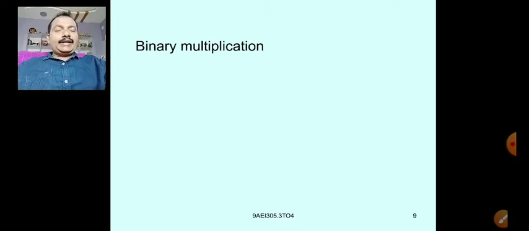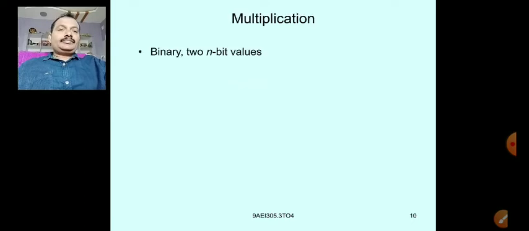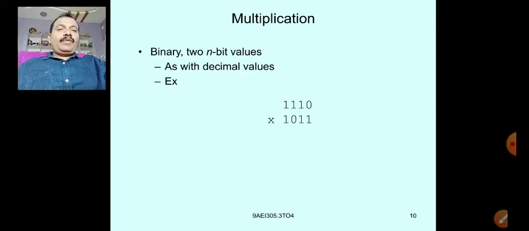Binary multiplication, let us take. The binary multiplication is 0 into 0 is 0, 0 into 1 is 0, 1 into 0 is 0, and 1 into 1 is 1. Let us take an example, 1110 into 1011.